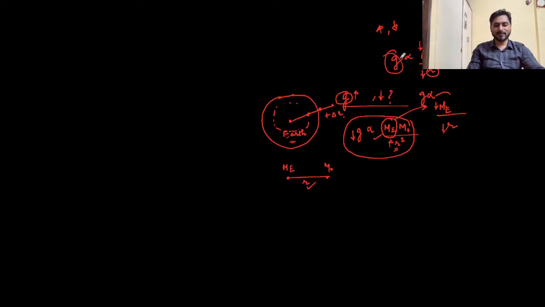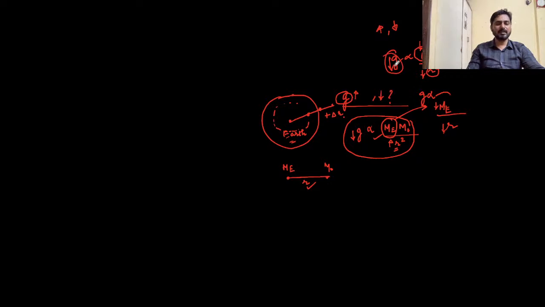So we have said that you cannot take the whole mass of Earth now. You cannot assume that the whole mass of Earth is present at the center. You have to take the reduced mass. So if you look at the calculation, in this equation the numerator dominates, and the value of g decreases.